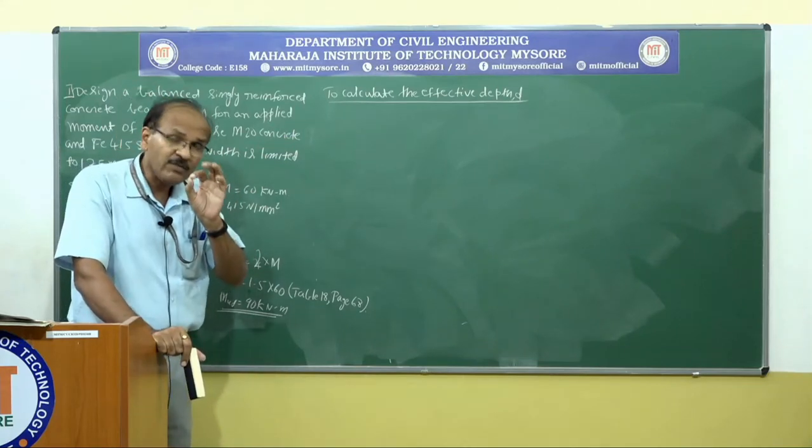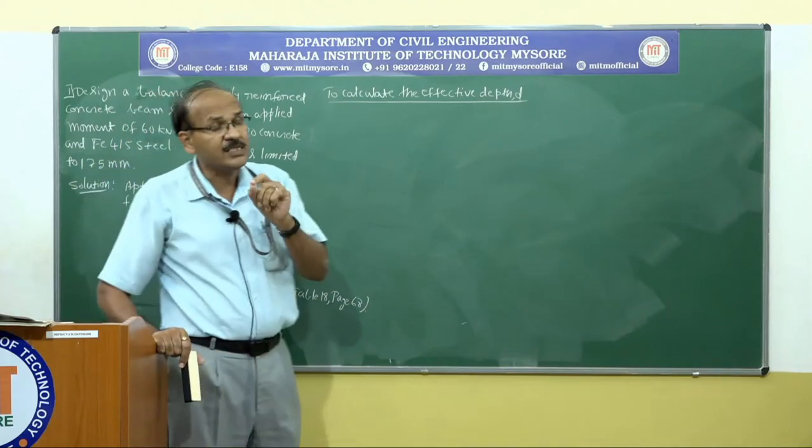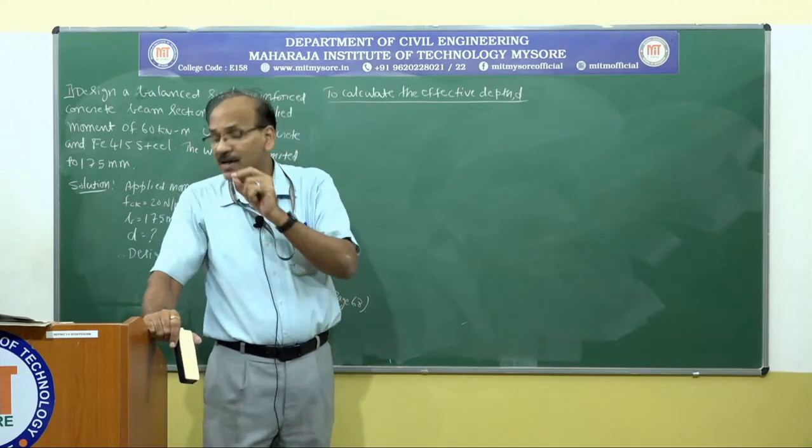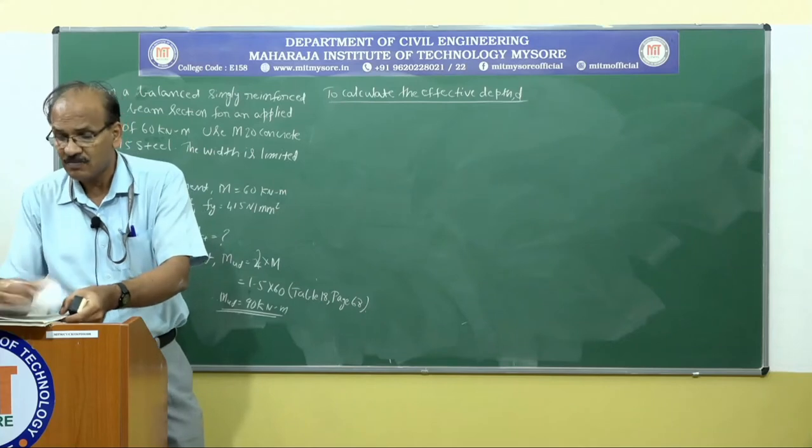So we are going to make use of the formula for Mu limit, which is given under Annex G, G 1.1c. Okay. Please open page number 96.